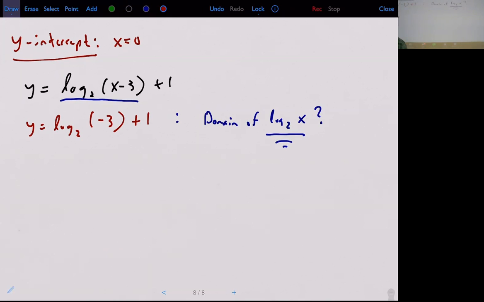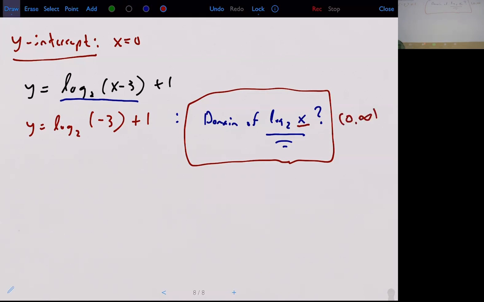Not quite, but remember the domain is just all the numbers that we can plug into this x value here. And again, we just want all positive x values. So this is going to be 0 to infinity.